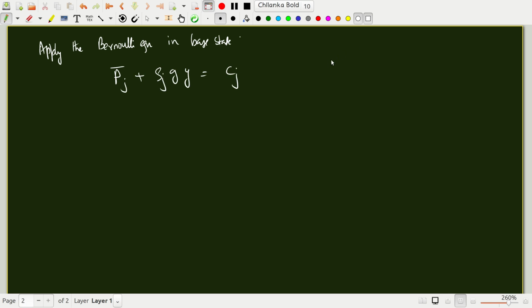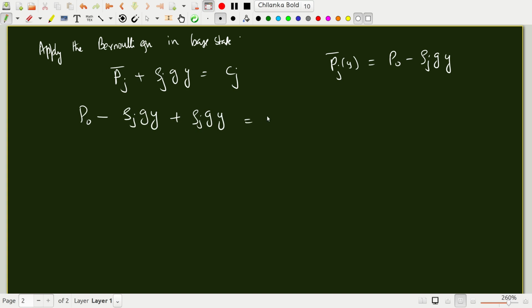Now we have to substitute from the base state. We know that Pj of y is P naught minus rho j gy. When you substitute that, you will get P naught minus rho j gy, plus rho j gy from here, is Cj, but these two terms will cancel, implying that Cj is simply P naught, where j is both 1 and 2.